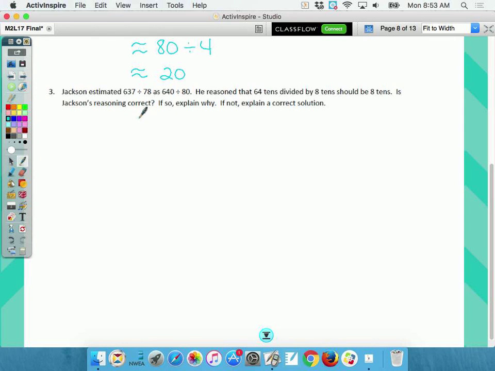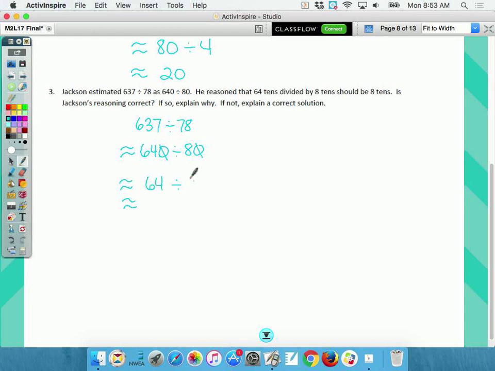So the first thing I want to do, 637 divided by 78. Okay, and he said 640 divided by 80. That part's correct. Don't you agree? I'm just not sure about the tens, because I feel like my answer's not going to be in the tens place. So let's see. How do I solve this?